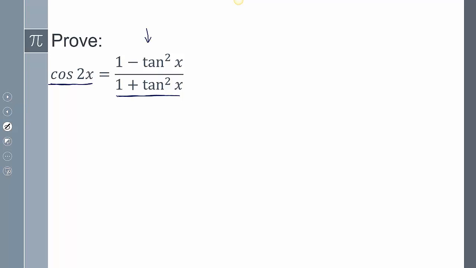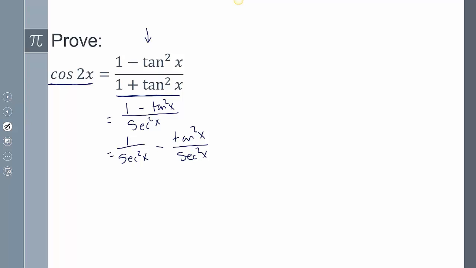So because of that, maybe I need to use some sort of Pythagorean identity to be able to manipulate this. So maybe what if I said 1 minus tangent squared x over, and I believe this is secant squared x? Because now I can separate this into 1 over secant squared x minus tangent squared x over secant squared x.